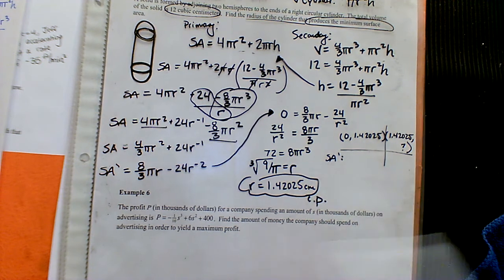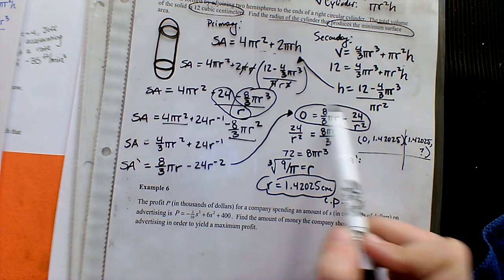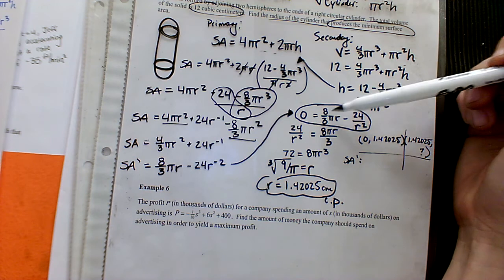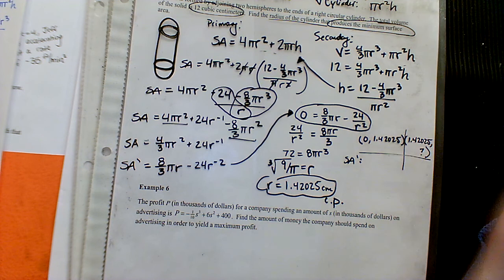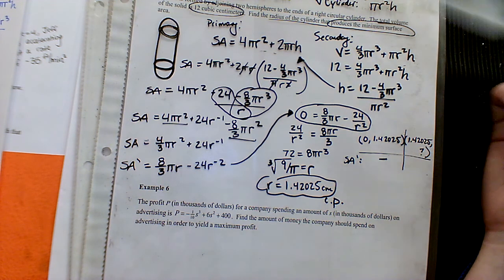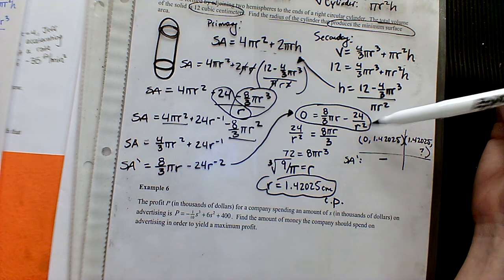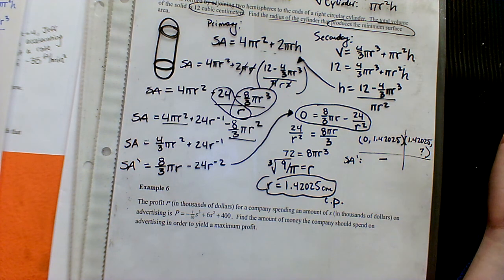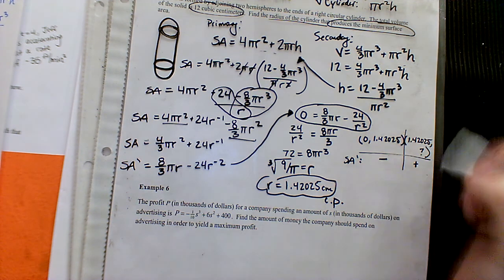1. Okay, so where's our derivative? Here's our derivative. Let's plug in 1. 8/3 pi minus 24. That's negative. And then anything bigger than 1.4, probably 2. 8/3 pi times 2 minus 24 over 4. Probably positive, right? You can confirm on your calculator, type it in.